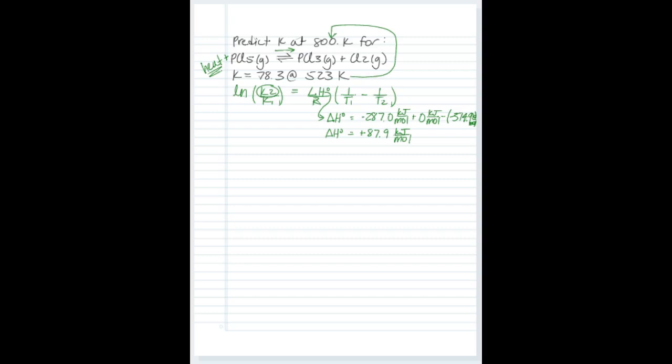And so since products are in the numerator of any K, so this is K here, PCl3, Cl2 over PCl5, these things are going to get larger when I add heat, because I'm shifting the equilibrium to the right, and I'm increasing the concentration of the products, and this should get smaller.